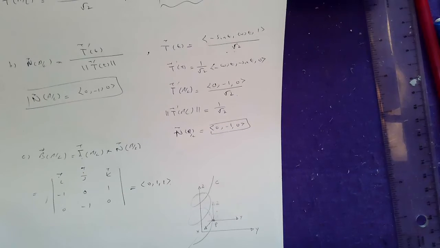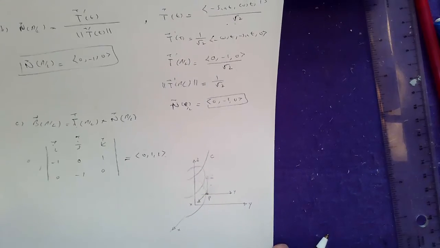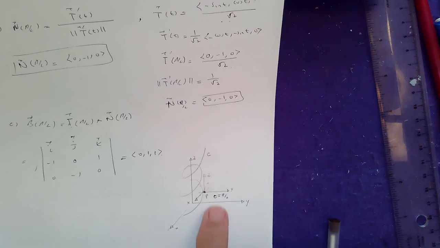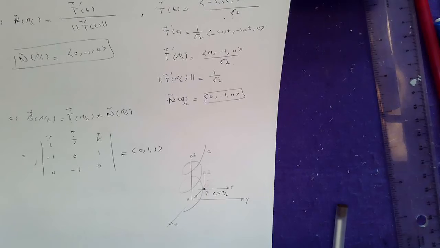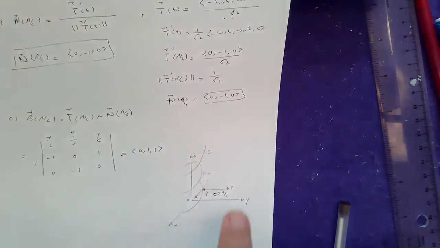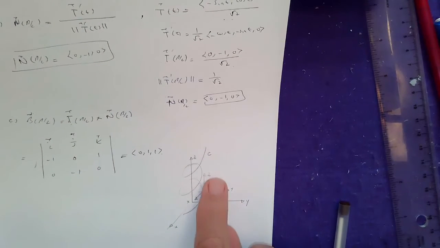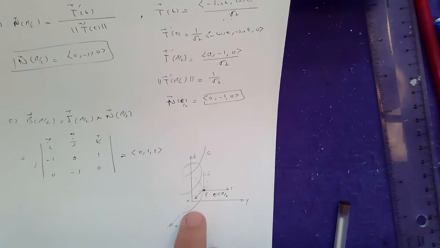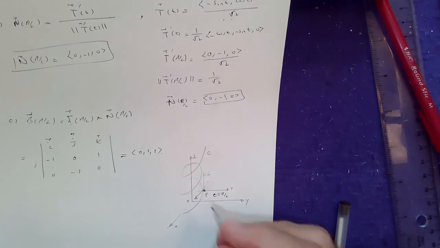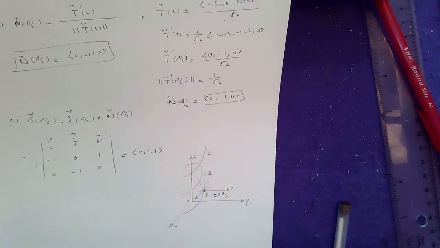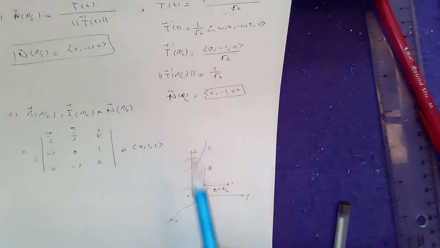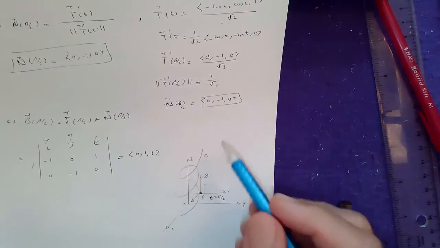Now the idea is, how would you graph this? Suppose this is where t is equal to pi over 2 on the curve. To draw these vectors on the curve, pretend you have a different coordinate system here, with y-axis, z-axis, and x-axis. Draw a separate coordinate system at the point you're trying to graph these vectors.